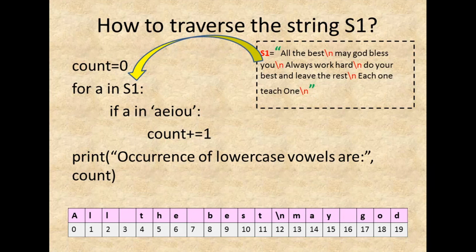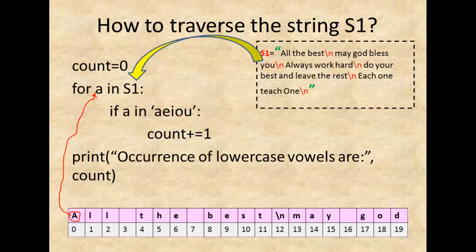So what will actually happen here is that this letter A, initially when it begins, will be assigned to the variable A, and then it will compare. If A, that is this variable which currently stores capital A, is it matching? Is capital A occurring in this particular string? It is not occurring, so it will not increase the count and it will proceed further.